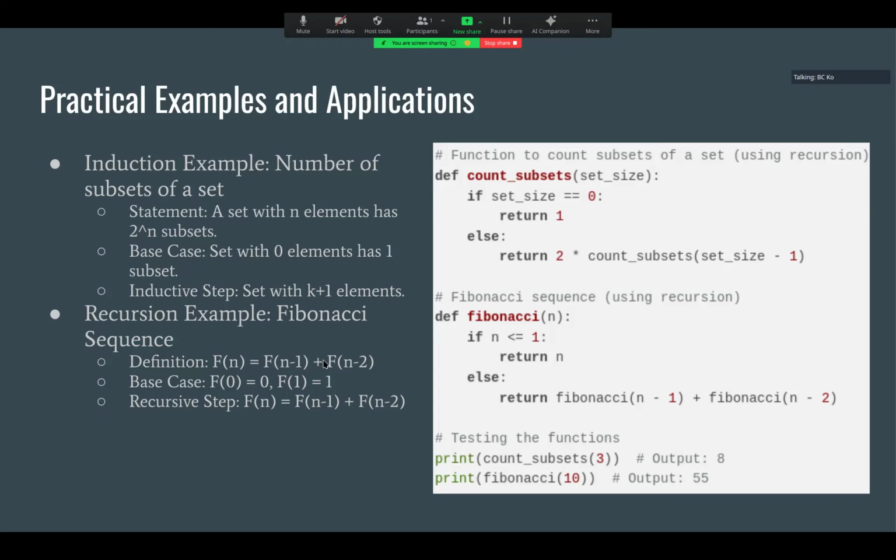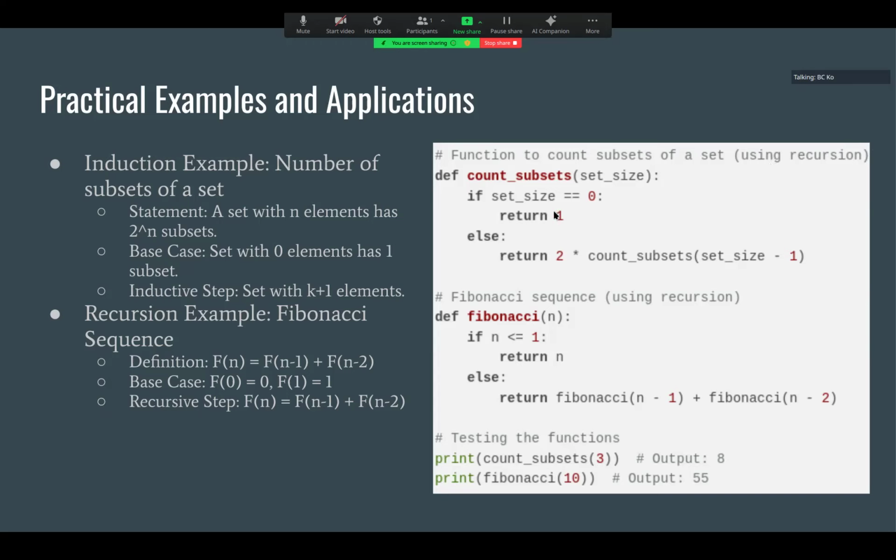So the recursive definition computes the Fibonacci numbers by breaking the problem down into smaller instances. Let's look at Python code. The code includes a function to count the subsets.